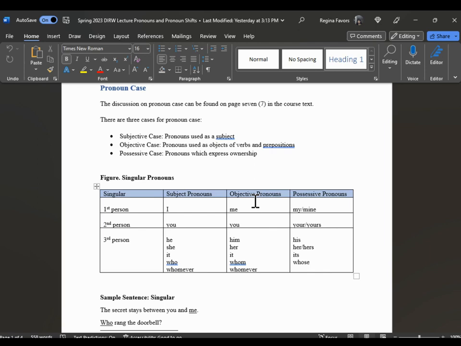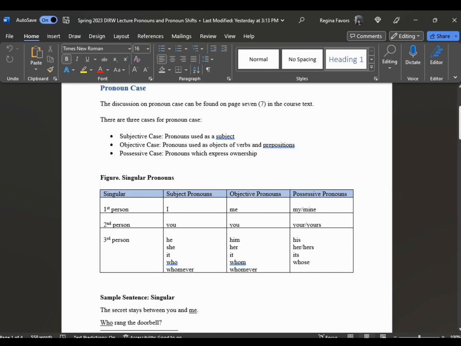And then possessive pronouns are essentially what belongs to you. So my, mine, your, yours, his, her, hers, its, and whose, right? So it is her book. It is my book. The house belongs to mine, to my grandmother. The house belongs to your grandmother, right?